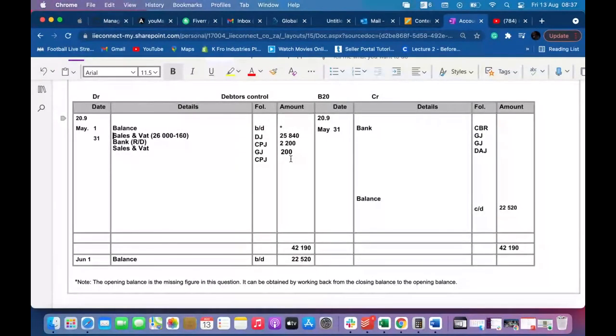All right. So if we look there in the debtors control that they gave us, we see interest income. That's perfectly fine. That should fall into the GJ, and that's for 80 Rand.